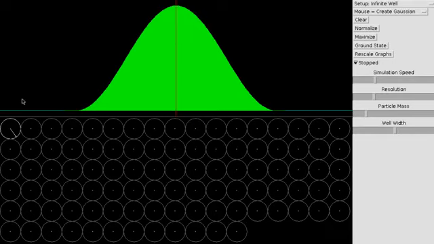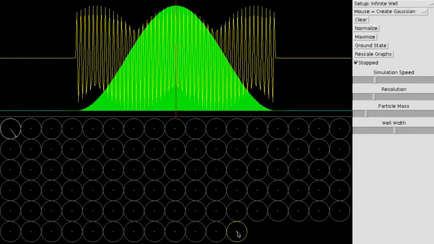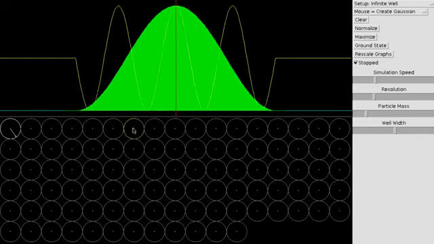Each circle on the bottom here represents a stationary state wave function. He has gone all the way up to stationary state wave functions that oscillate very rapidly. This is our ground state, this is our first excited state, second excited state, third excited state, etc. N equals 1, 2, 3, 4, 5, 6, 7, etc.